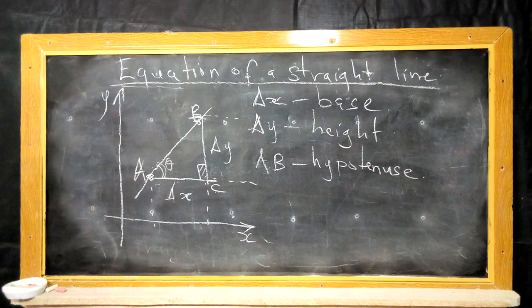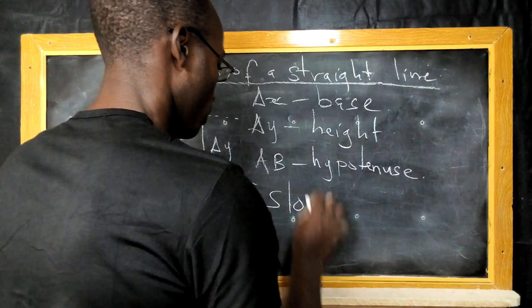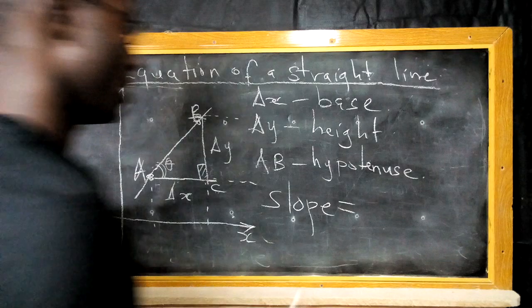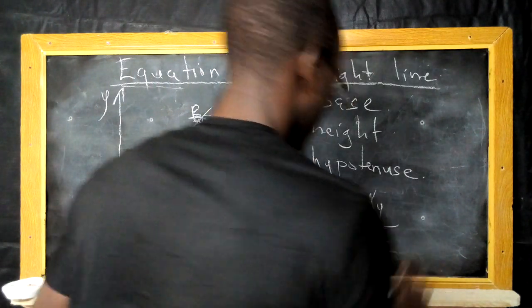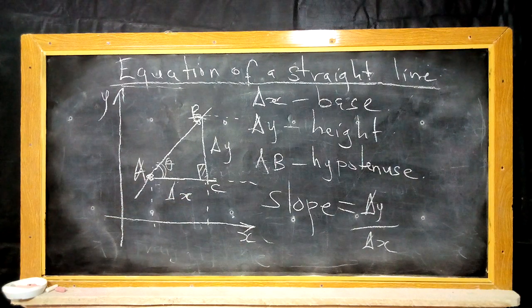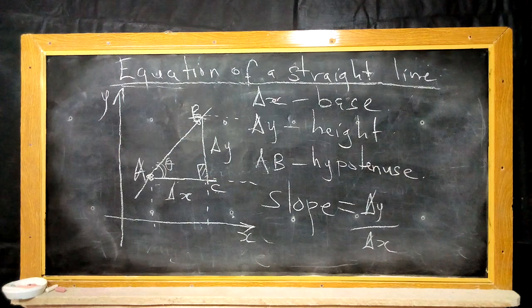So mathematically we can express this inclination. We give it the term slope, and it is given as the change in y over change in x. So the change in the y direction over change in x is known as the slope. And then we said that the hypotenuse can be given using Pythagoras theorem, which gives the relationship between these three sides of a right triangle.